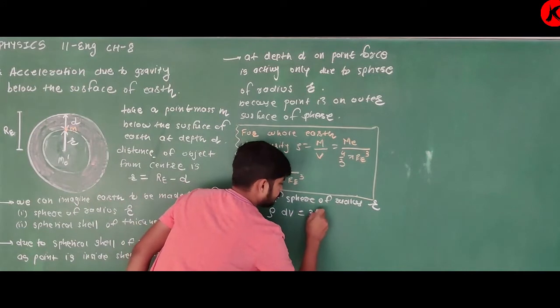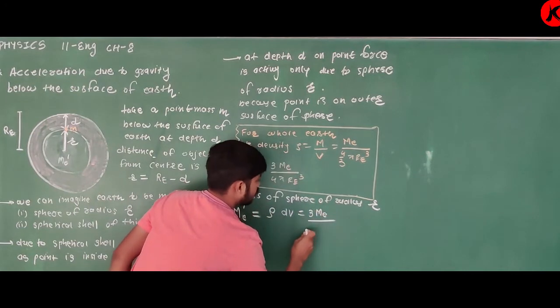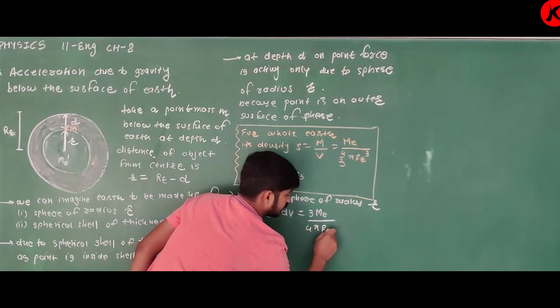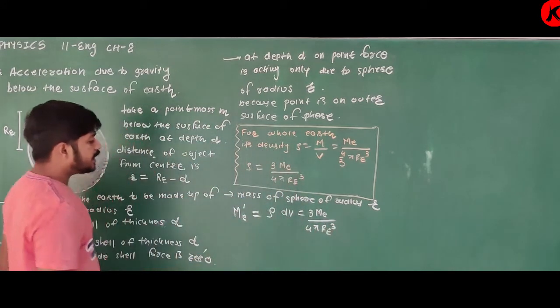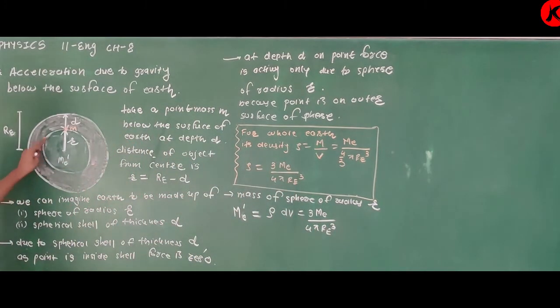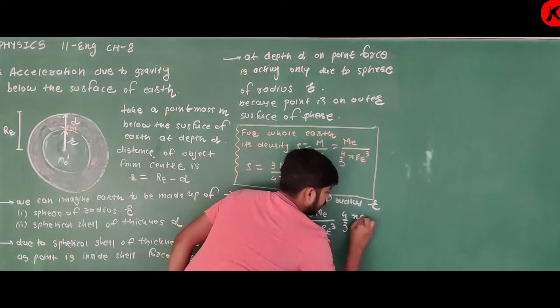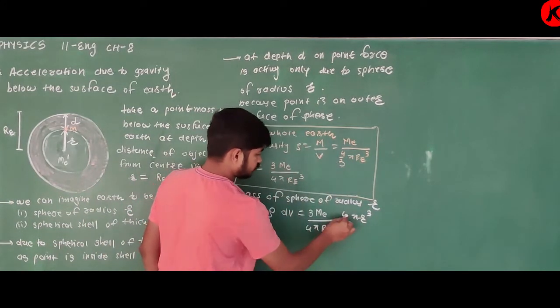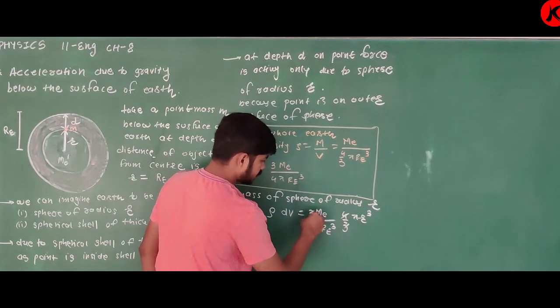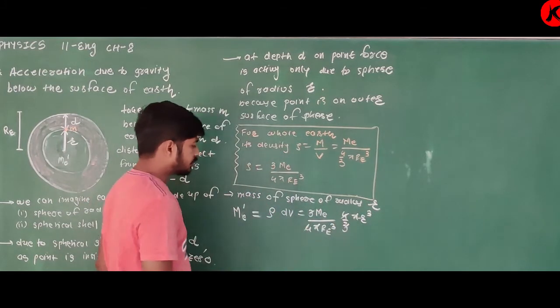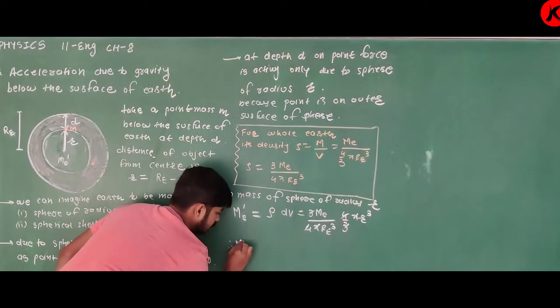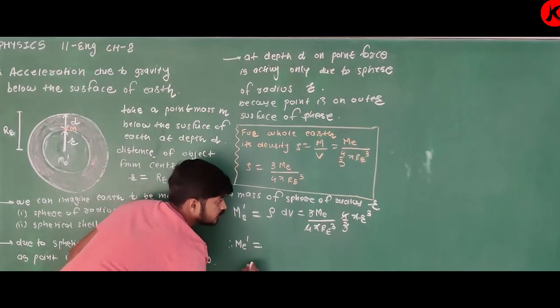It is 3 ME upon 4 pi RE cubed. dV means the volume of this sphere, and it is 4 by 3 pi r cubed. So 4 cut, 3 cut, 3 cut.